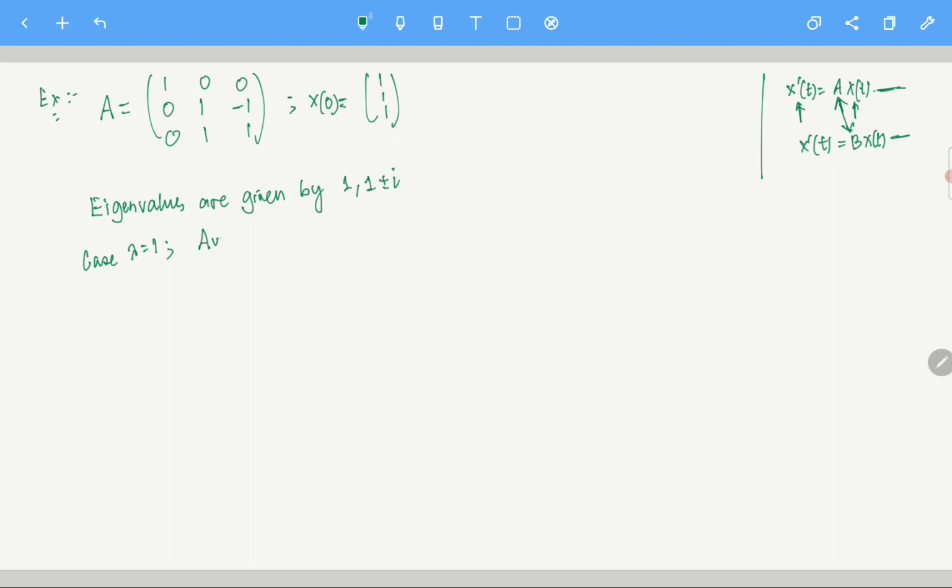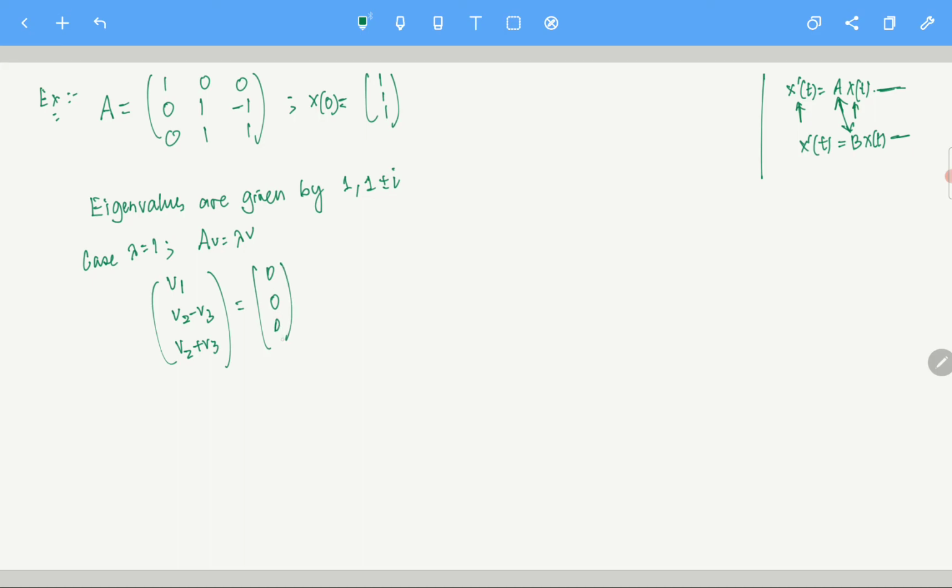You can check that if you just multiply this out, the first component is v1, the second is v2 minus v3, and the third is v2 plus v3.